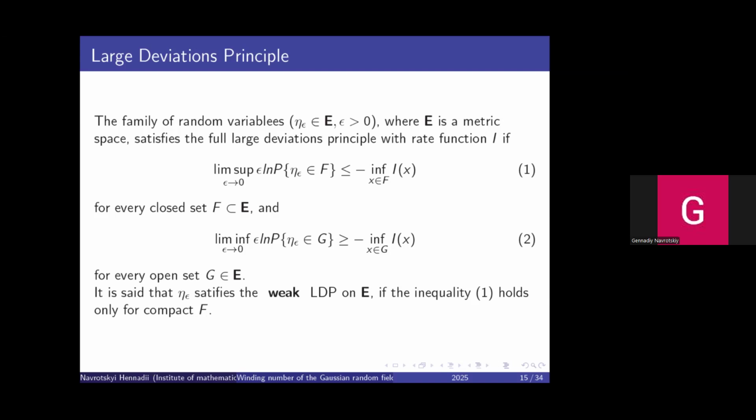It is said that eta epsilon satisfies the weak LDP if the first inequality holds only for compact sets from E. Yes, so E is our metric space.